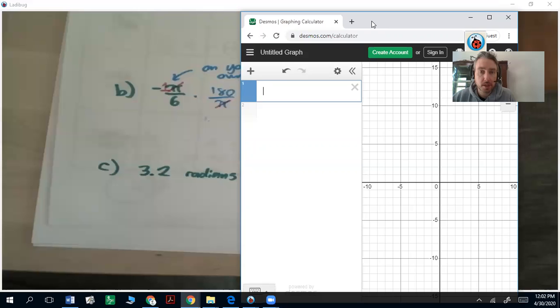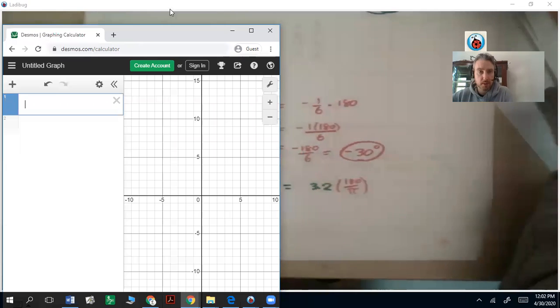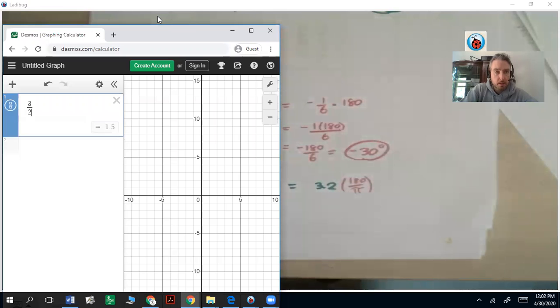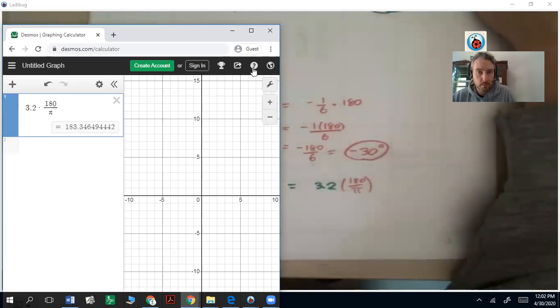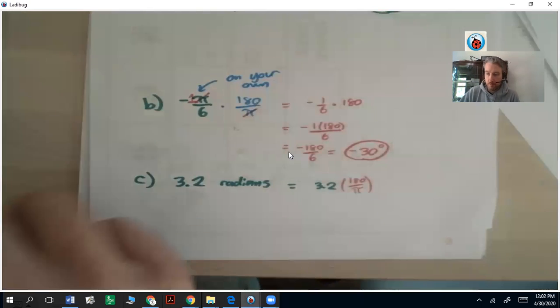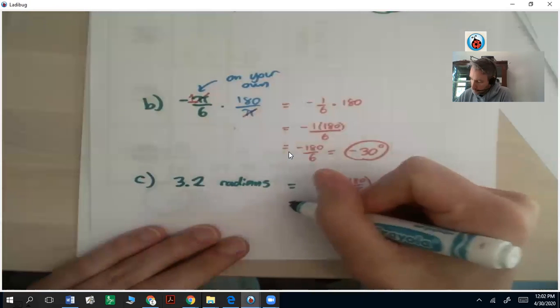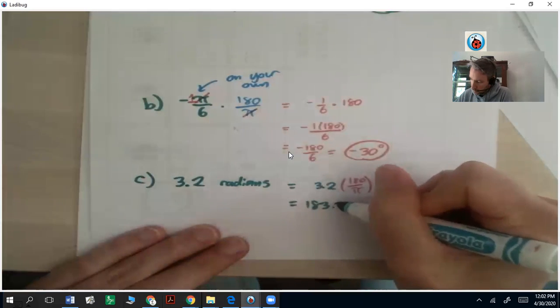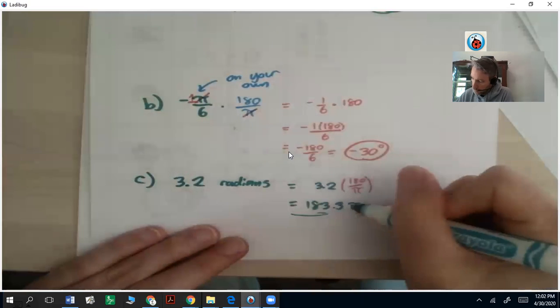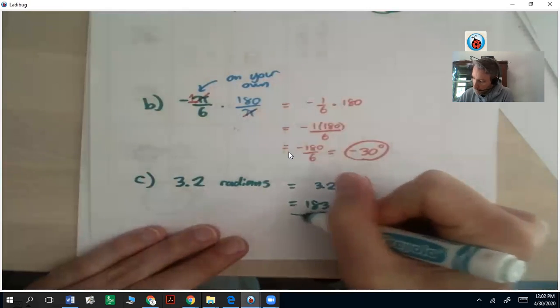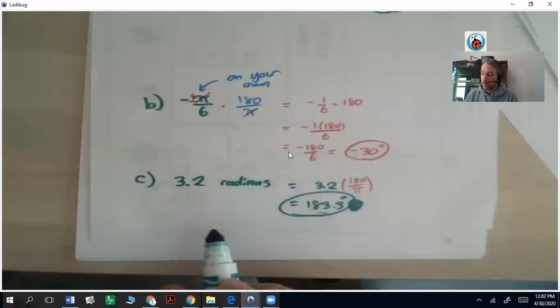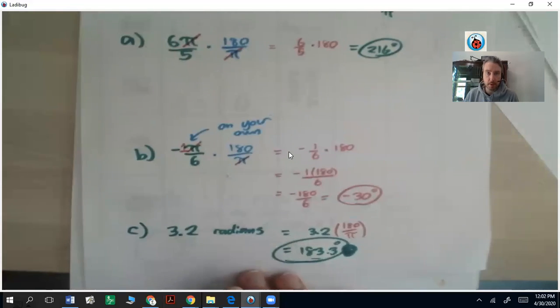All right, 3.2 times 180 over pi is going to be about 183.3 degrees, so a little bit over half a circle. Oops, just degree, not pi. So yeah, you can do a radian as a decimal too, but most of the time your radians are going to be in terms of pi.